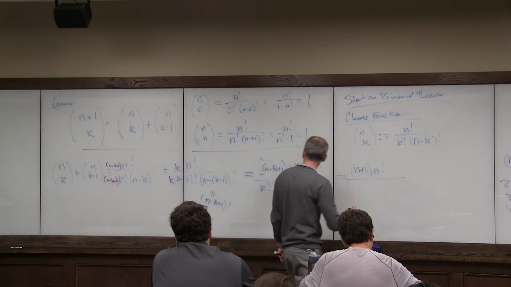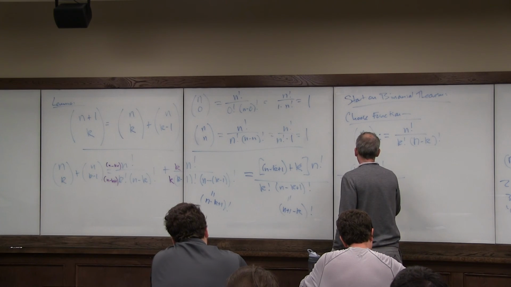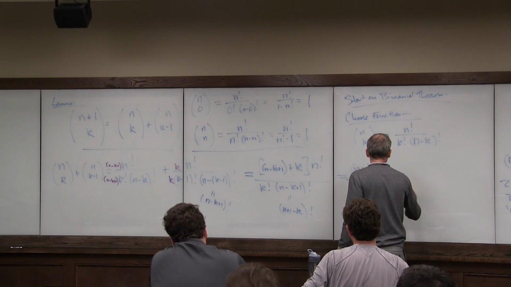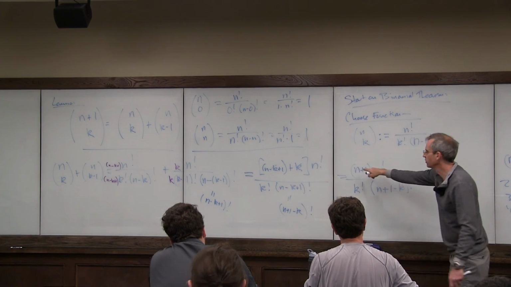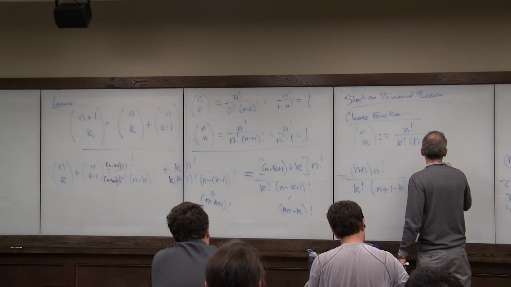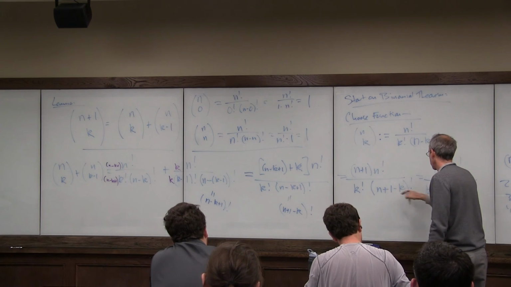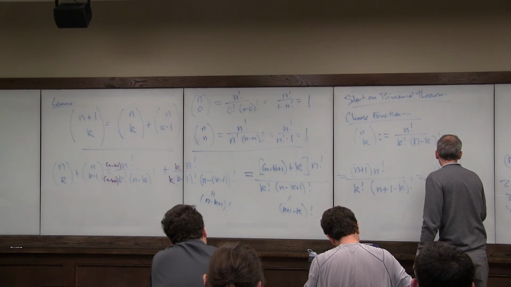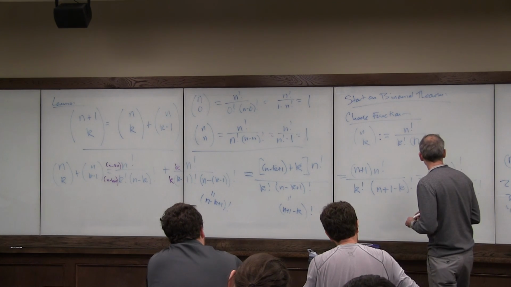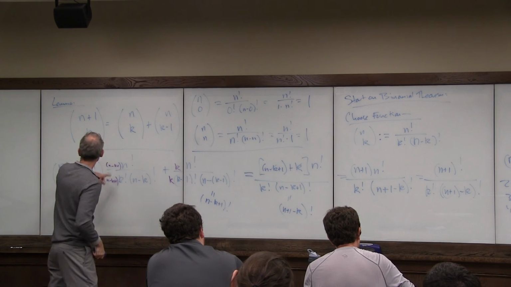So this is now k factorial times n plus 1 minus k factorial. And now what's the numerator? n plus 1 times n factorial is n plus 1 factorial. So it's n plus 1 factorial divided by k factorial times n plus 1 minus k factorial, which by definition is n plus 1 choose k. Yeah, that's exactly it.